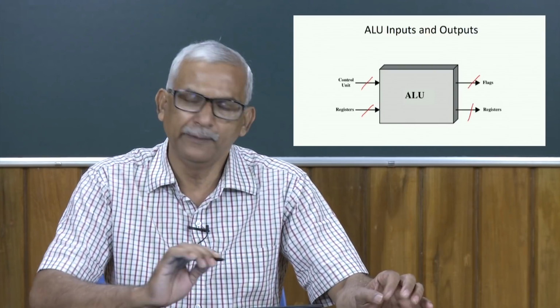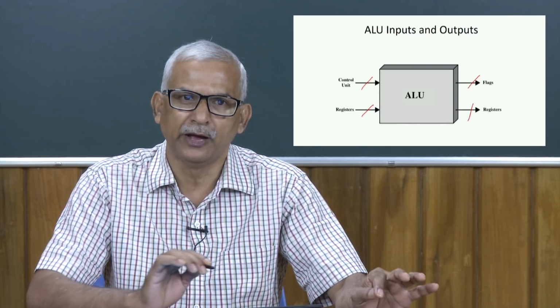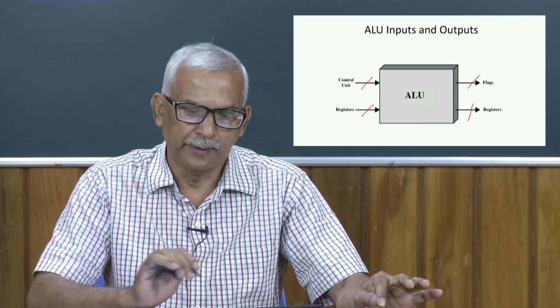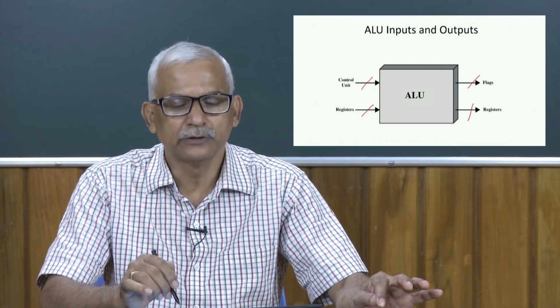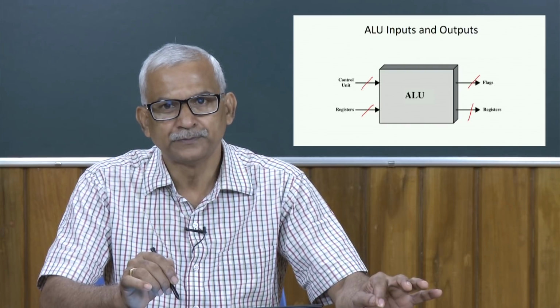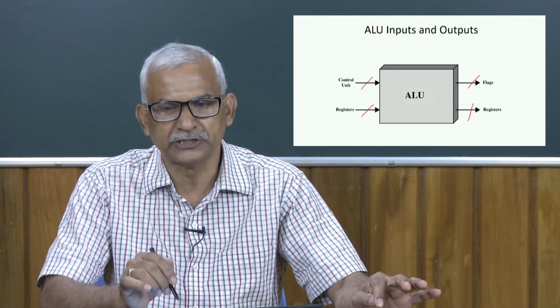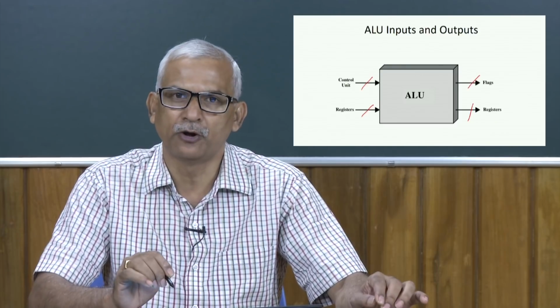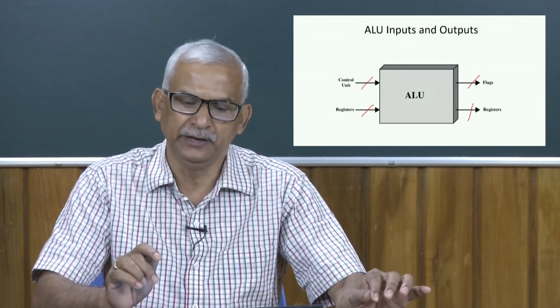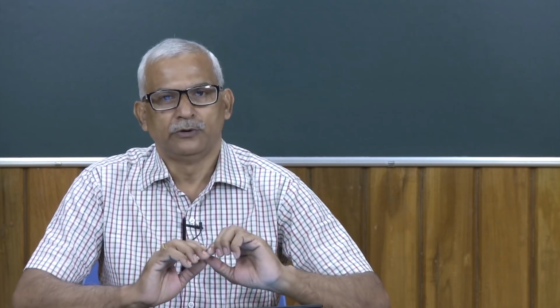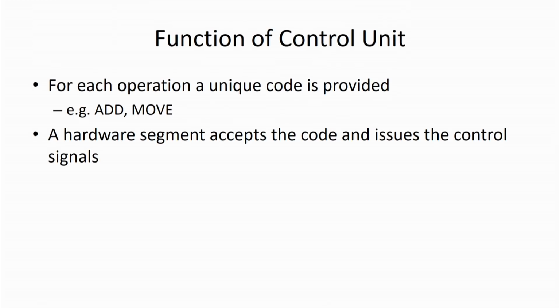At a higher level, we can see the ALU as having inputs and outputs: some control signals as input, and some data bits and flag bits as output. So, this is another component inside the processor, the ALU, the basic processing element inside the processor. Now, another component is the control unit.